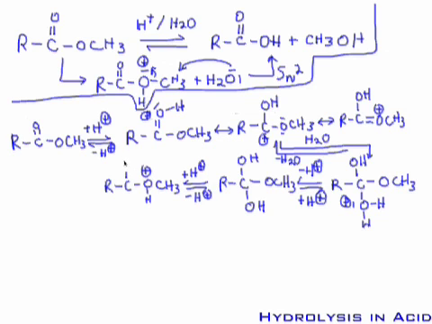We have the OH and the OH. And if we lose methanol, minus CH3OH, going backwards would be plus methanol.